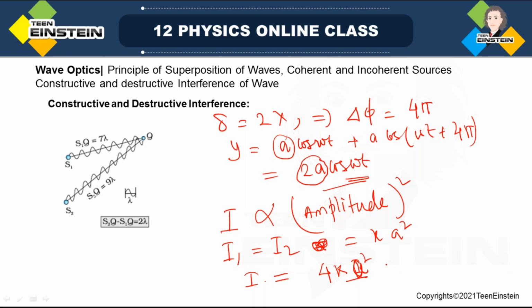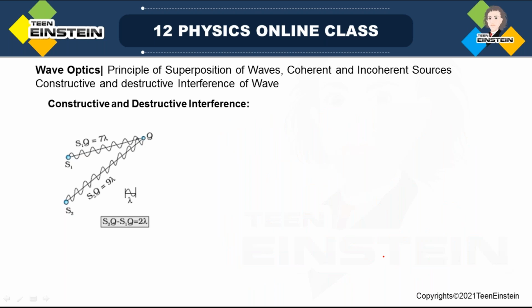So I can write k a square as I0, the intensity of the individual waves, and this is 4 I0. So you get 4 times greater intensity upon superposition. Very nice.